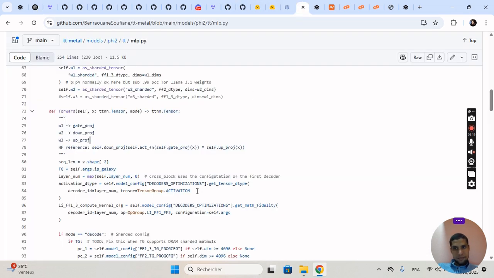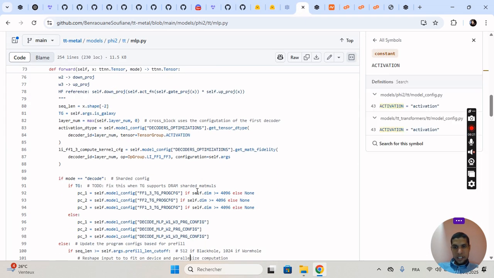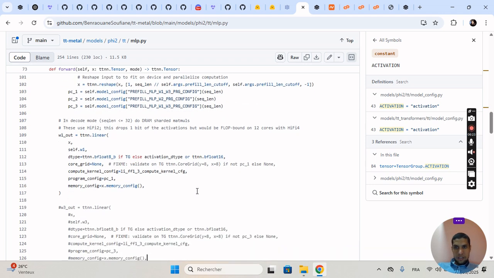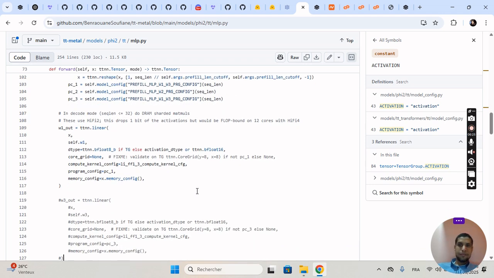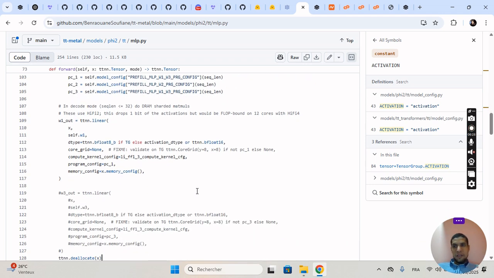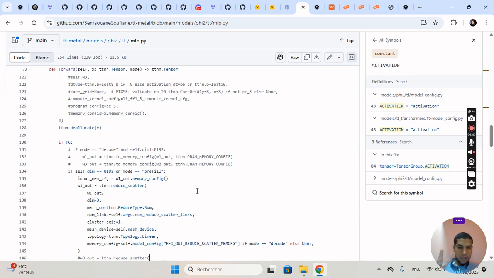You can see I just make a linear with the FC1, then with the FC2.